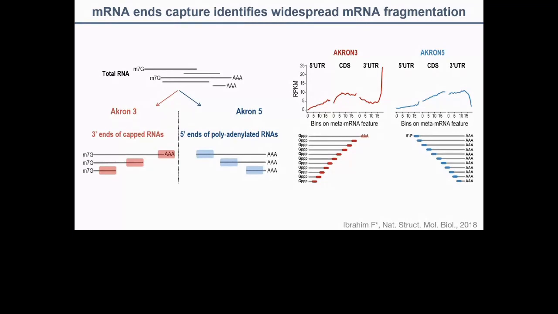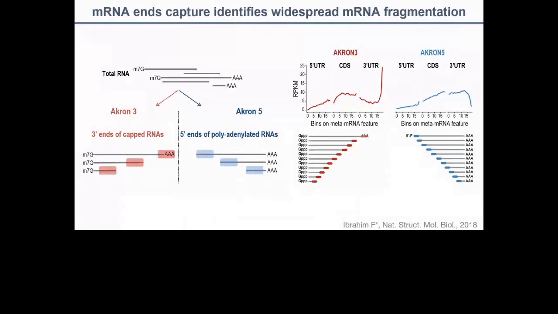Now, if everything was according to the textbook view of the mRNA life cycle, we would expect that the majority of mRNAs in cells would be mostly full length. That's what we expected to see. So we would expect to see almost all of the 3' ends that we capture at the 3' end of the annotated transcripts.